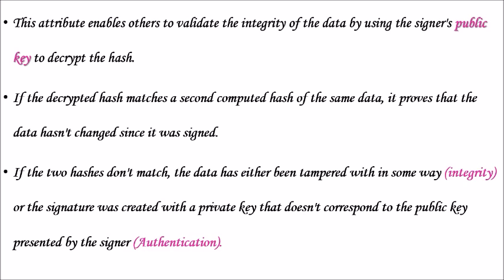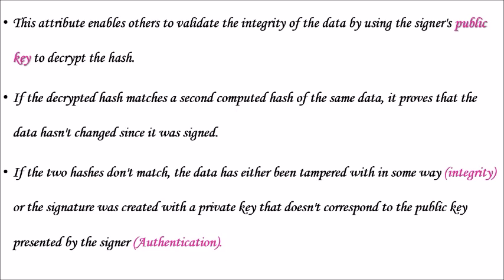If the two hashes don't match, the data has either been tampered with in some way, which is integrity, or the signature was created with a private key that does not correspond to the public key presented by the signer, which is authentication. A digital signature can be used with any kind of message, whether it is encrypted or not.